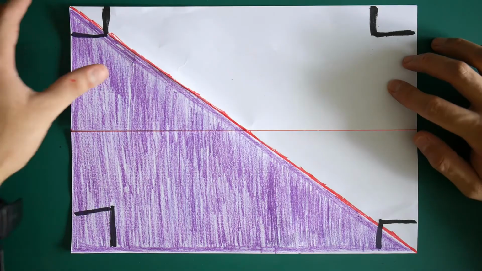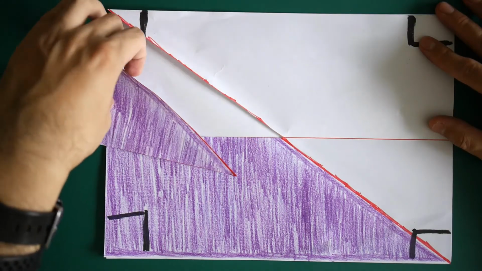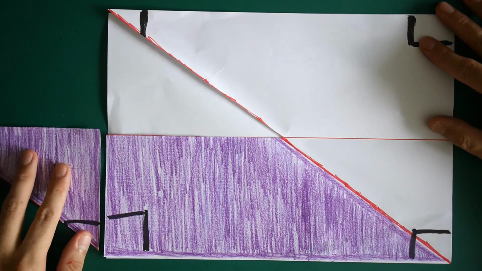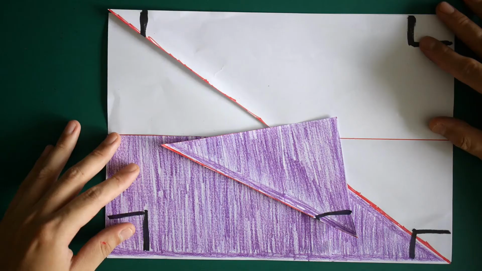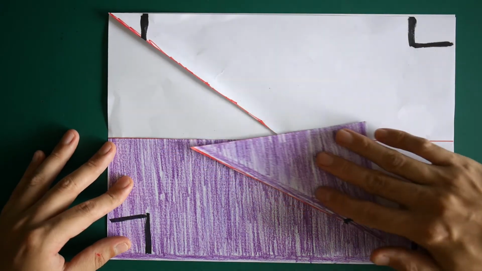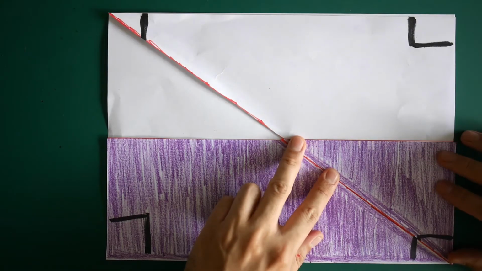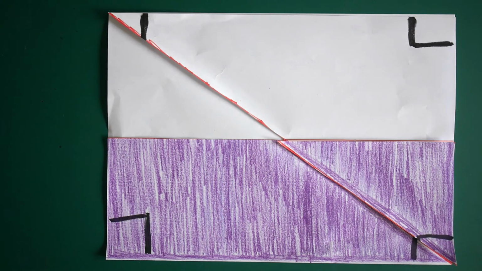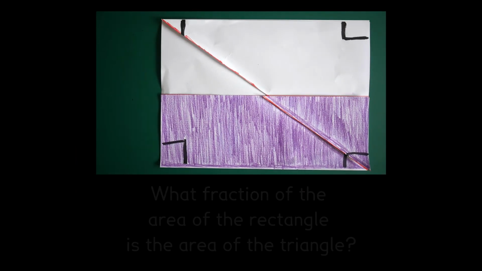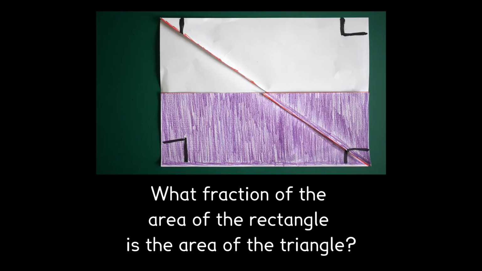Can we move the top part somewhere else? Look! I can move the top part of the triangle down to form a rectangle. What fraction of the area of the rectangle is the area of the triangle?